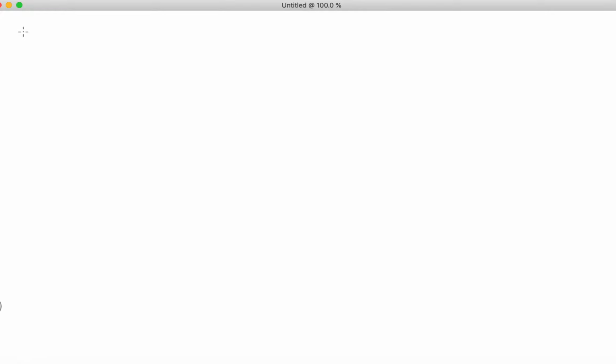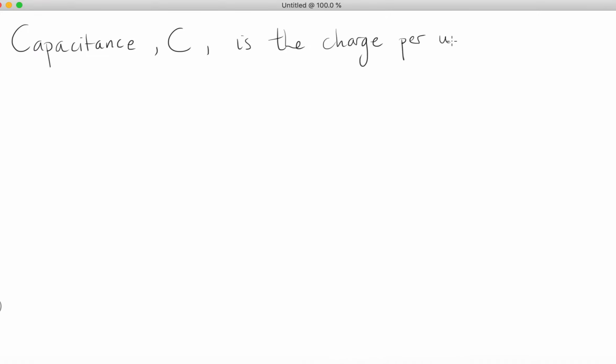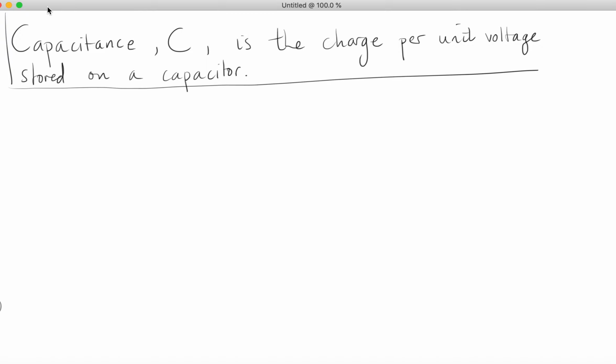Well, capacitance C is defined as the charge per unit voltage stored on a capacitor. Do a big box around that one.